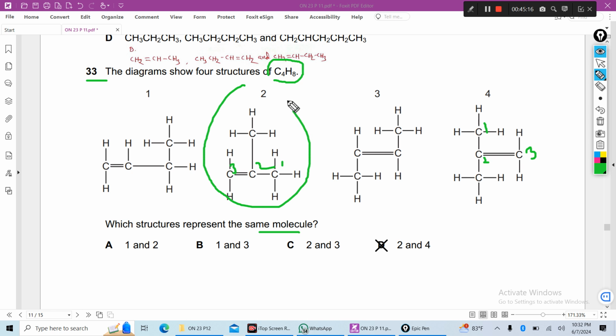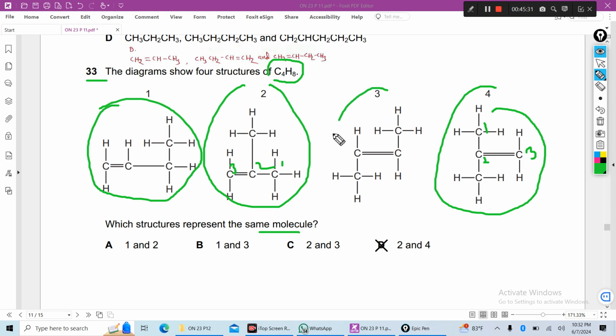So 2 and 4 are the same molecule, but one is but-1-ene, this is but-1-ene, this is but-2-ene. These are different molecules, and 2 and 4 are methylpropene. So these two are the same molecule.